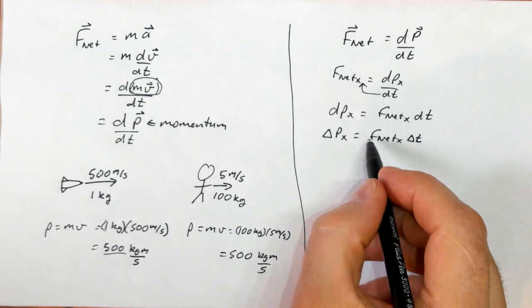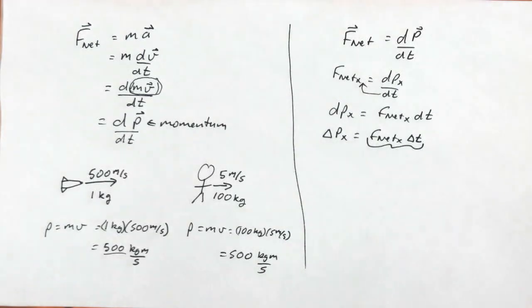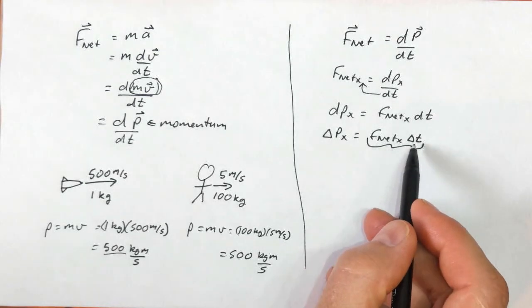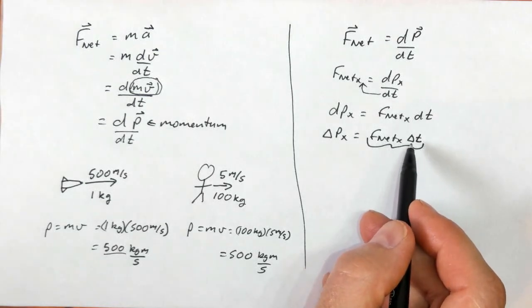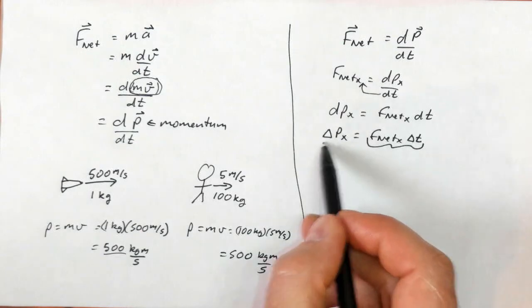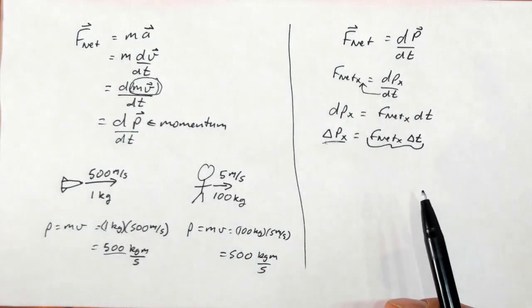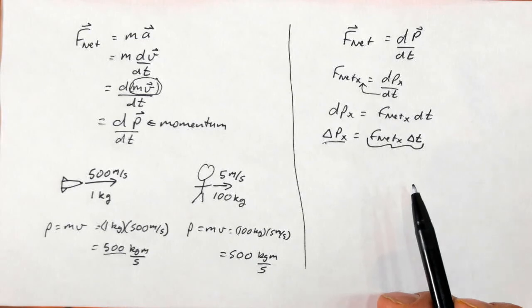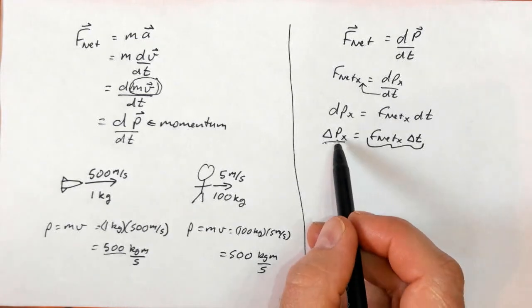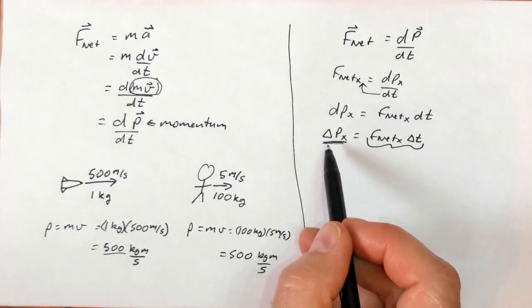And this quantity here, the force, is in the case of a collision pretty difficult to calculate. The time might be a little bit easier to calculate, but this is easy to calculate. I can see how fast it's moving before the collision, and how fast it's moving after the collision, and so I can find the change in momentum.